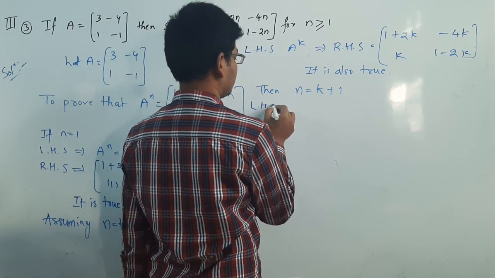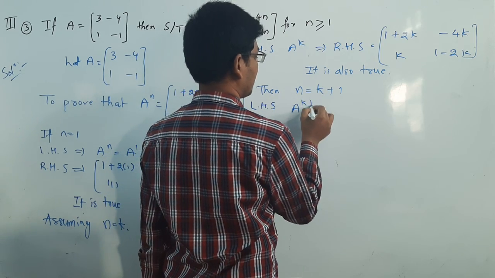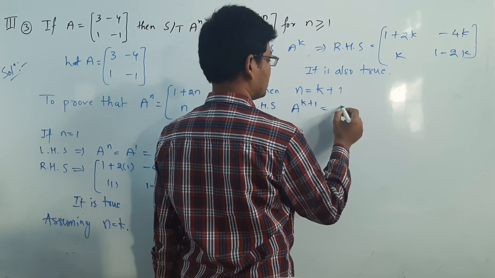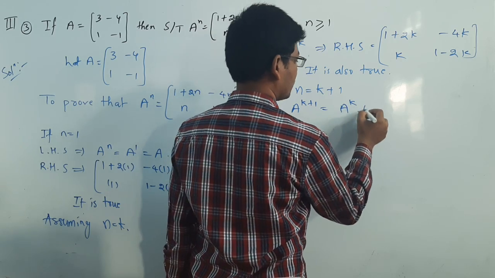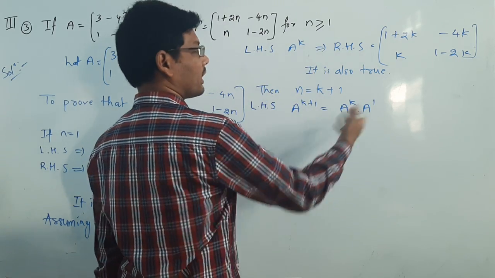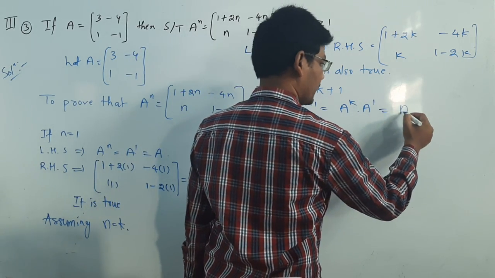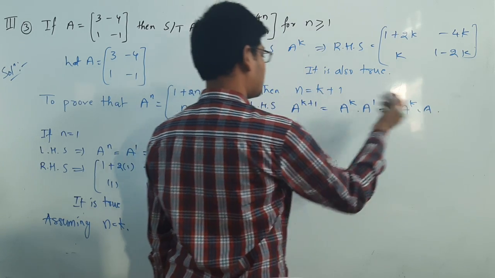LHS will become A to the power of k plus 1, that implies A to the power of k into A to the power of 1, that is nothing but A to the power of k into A. Let's substitute the values.